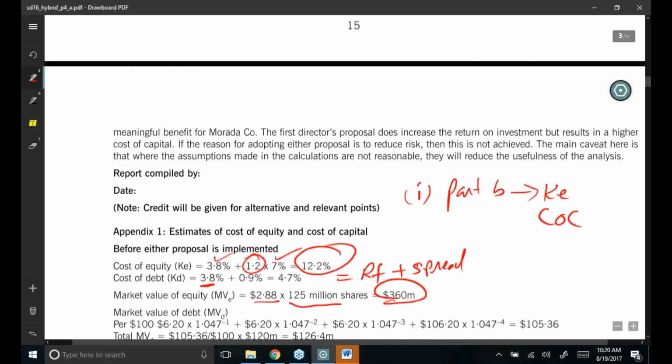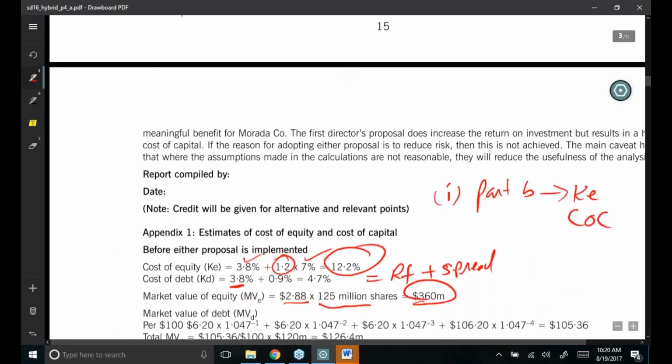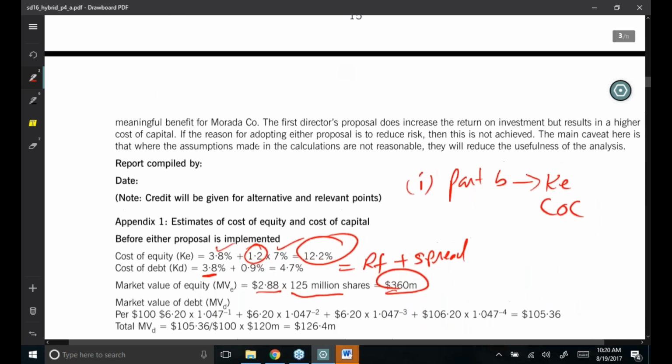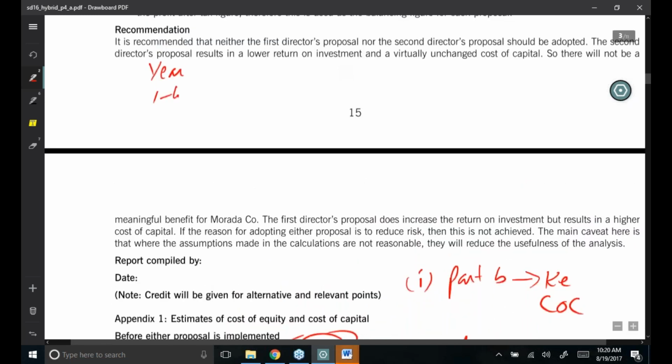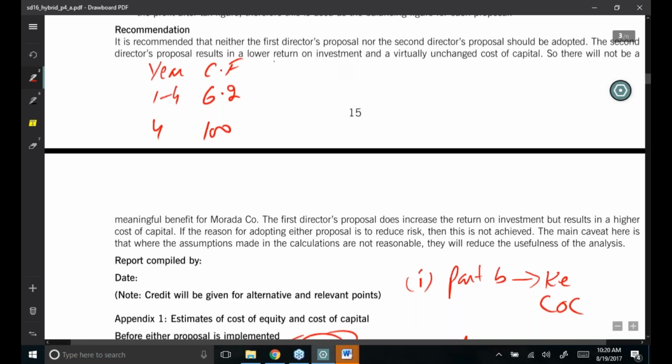You can calculate it like this. Here, obviously, the company has a 4-year debt structure in cash flow. Every year you will receive the coupon, and at the end of the 4th year you will receive the par value, and the required return is 4.7%, the YTM.